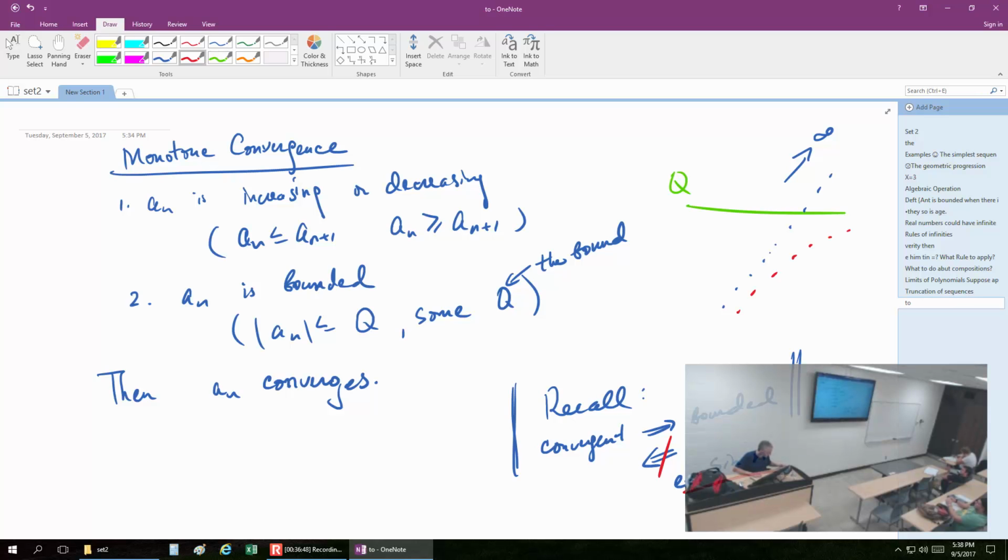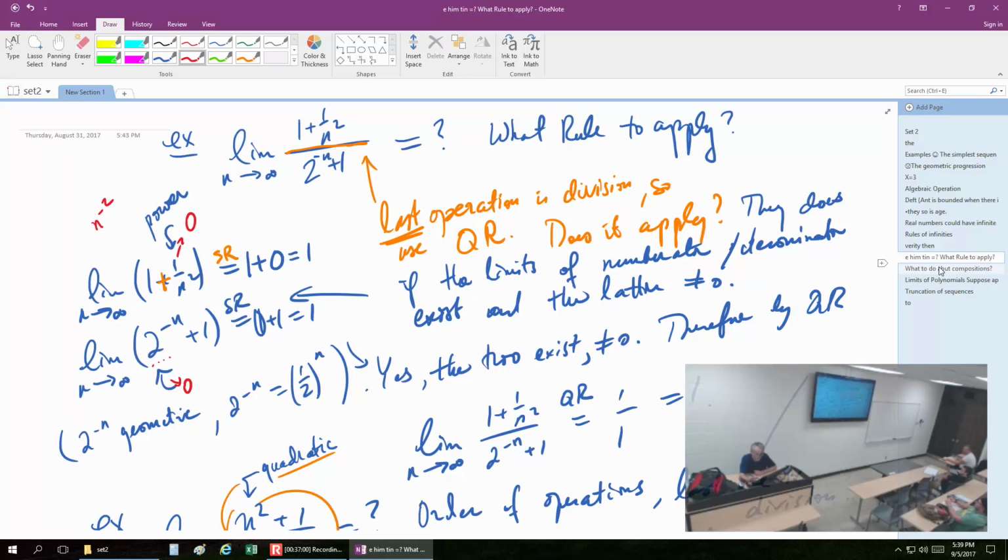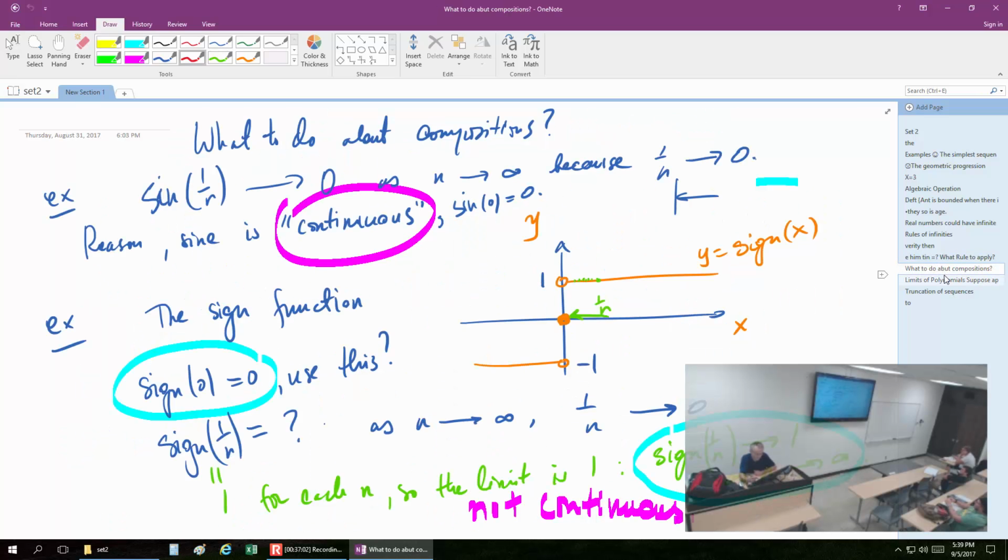Okay, so let me take you back to this. Oh yeah, compositions. Okay, so what to do about compositions of sequences with functions?